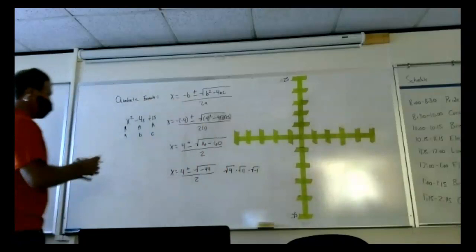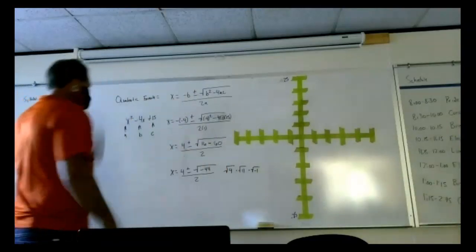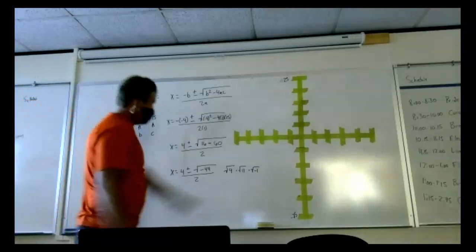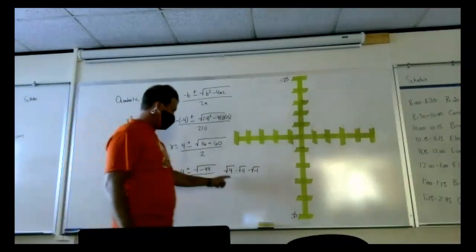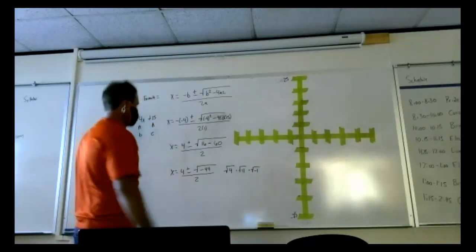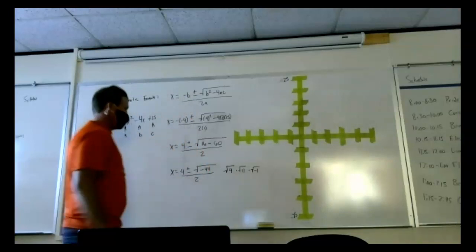It's called the power property of radicals. We can expand that, and we want to expand it so that we have a perfect square. So 4 is a perfect square. If we multiply all these together, we will get negative 44.